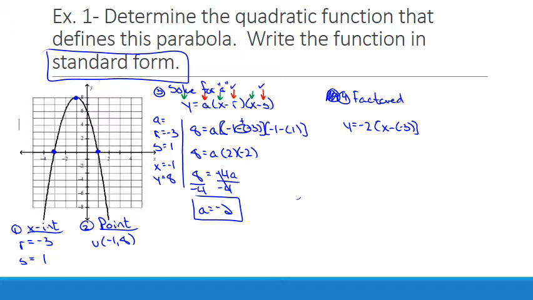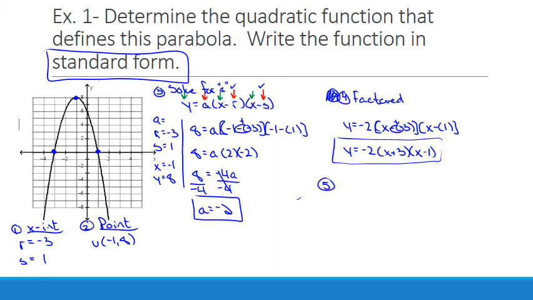So again, I might as well bump those up. And then x minus my s value, which is 1. Now I'll go through and clean up my brackets. -2, this ends up being a plus, so x plus 3, x minus 1. So that is this parabola in factored form.